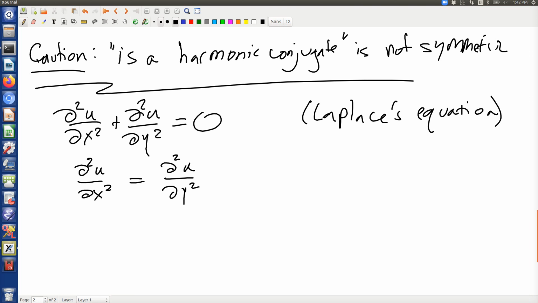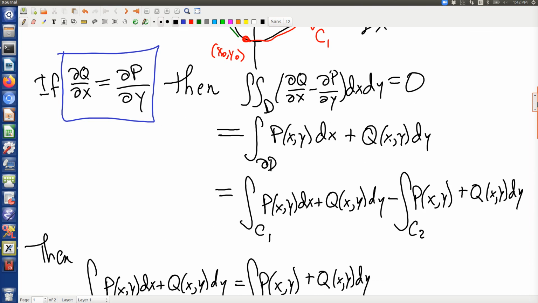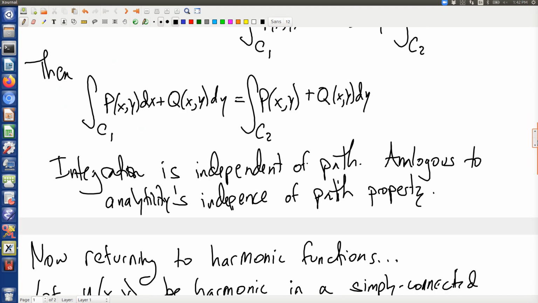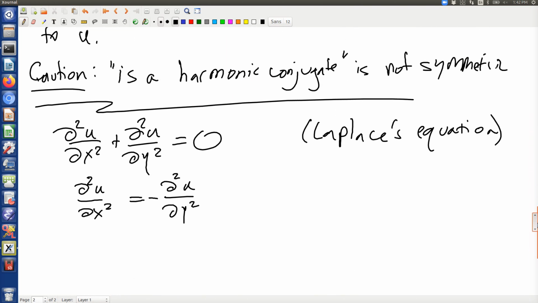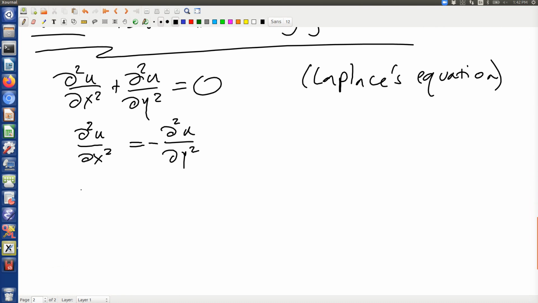It's equal with a minus sign. Okay, now with that minus sign in hand, that equation, of course, is the same. Let me unpack this slightly, because remember what I've got here in the formulation of Green's theorem is two separate functions, one p and one q. Here I've only got one function floating around, that being u. Let me unpack them a little bit.